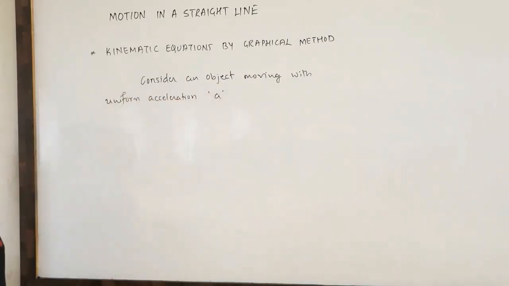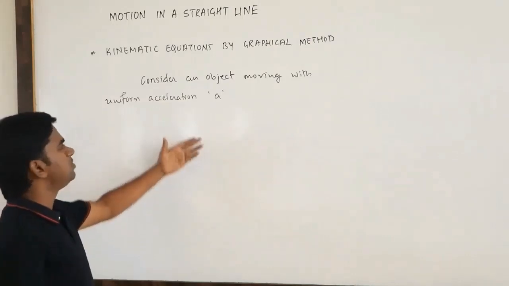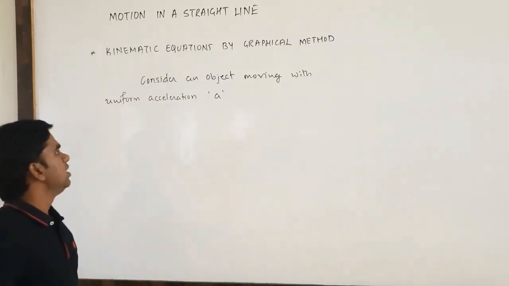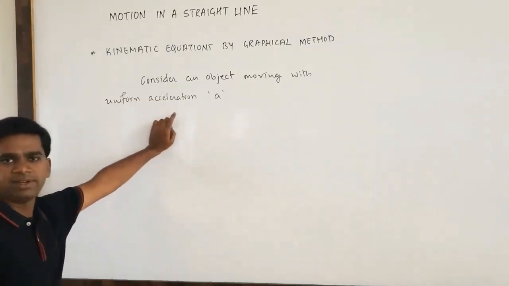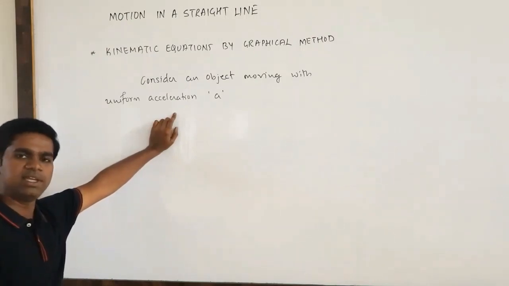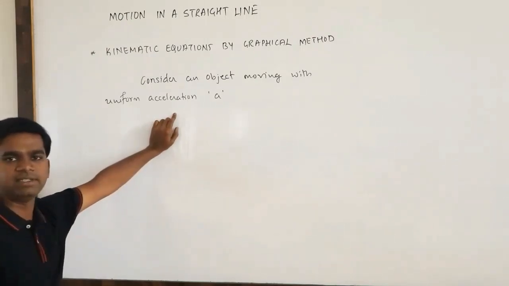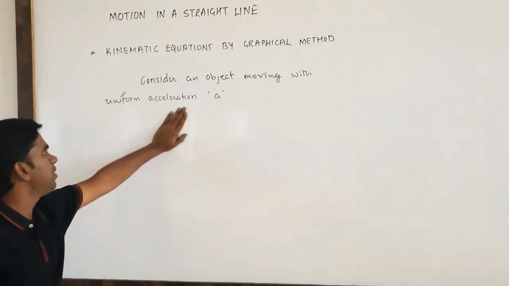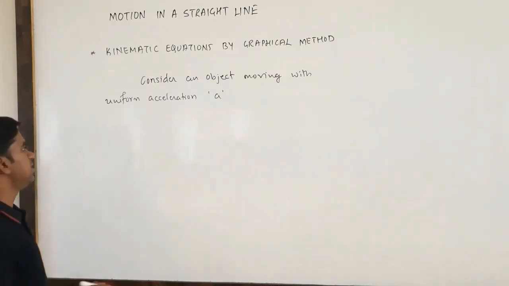First you have to consider an object or body or particle, whatever, that should move with uniform acceleration. That should not be retardation. We will see later what happens if it is retarding. As of now I am considering positive acceleration.